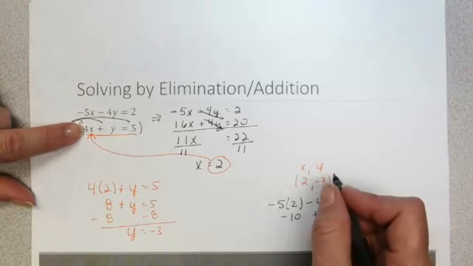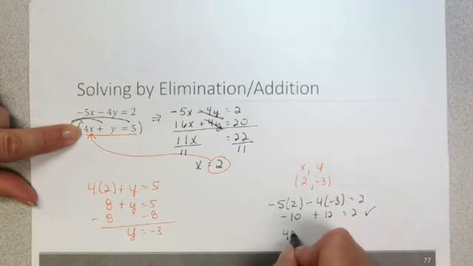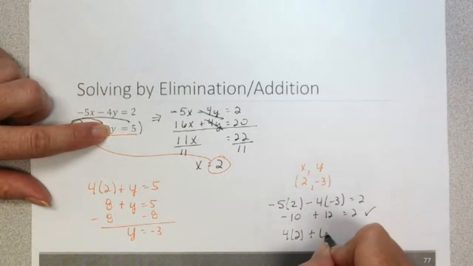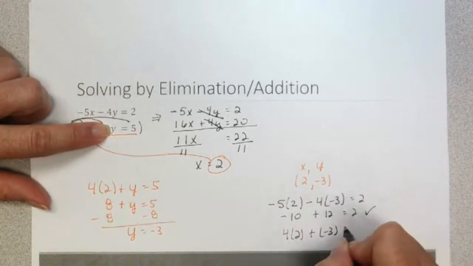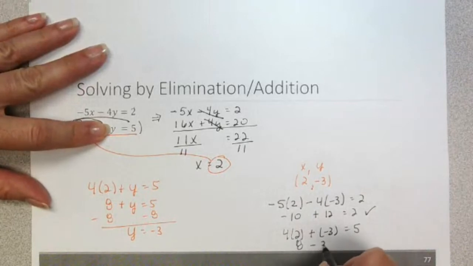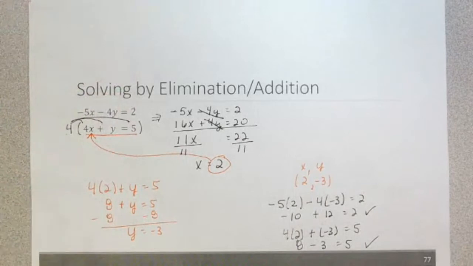We can check these values in the second equation here as well. 4 times 2 plus y, which was negative 3, should equal 5. Well, 8 plus a minus 3, that's 8 minus 3. 8 minus 3 is definitely equal to 5.